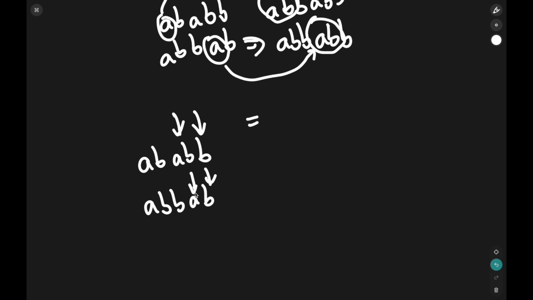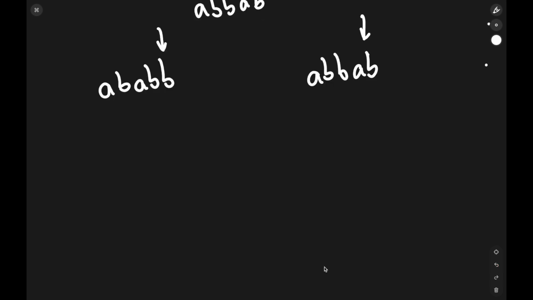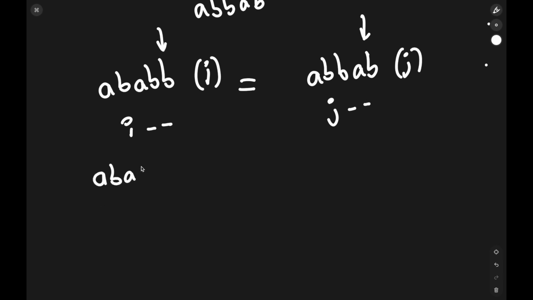Let's understand it better using a proper example. You have two strings as given in the question. Let's take the index for string S as i and for T as j. When both are equal, you do i minus minus and j minus minus. In the next case you see that A and B are not equal. So the only way to make them equal is to replace A with AB.